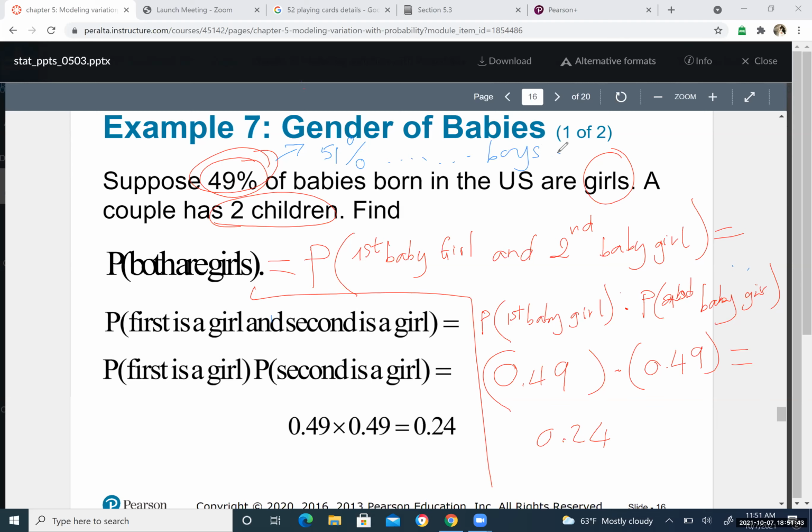But if the question relates to boys, you do the same steps as with the girls. If I say, what is the probability of both being boys? What do you do? Class, anyone? You do 0.51 times 0.51. That's right, you got a value. That's how you compute for an independent event like this case.